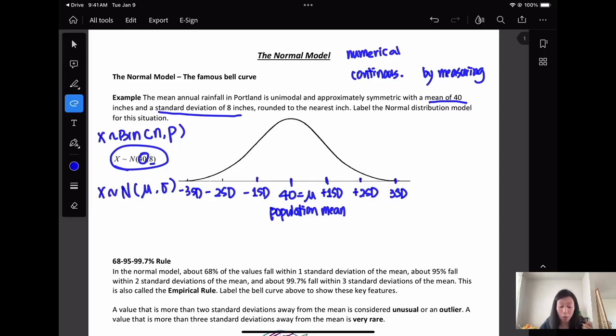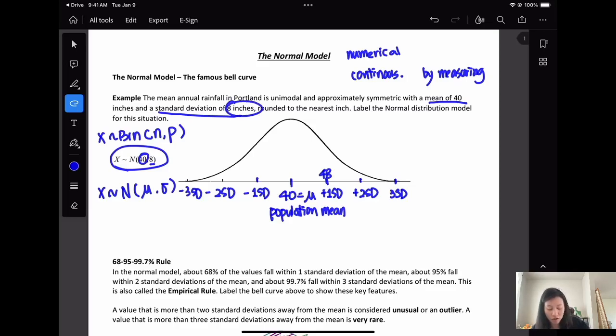To be more accurate, since our mean is 40, if you add 1 standard deviation, this is going to be 48. You add 2 standard deviations, that means you add 2 times 8, again the standard deviation is 8 inches, so this is going to be 56.